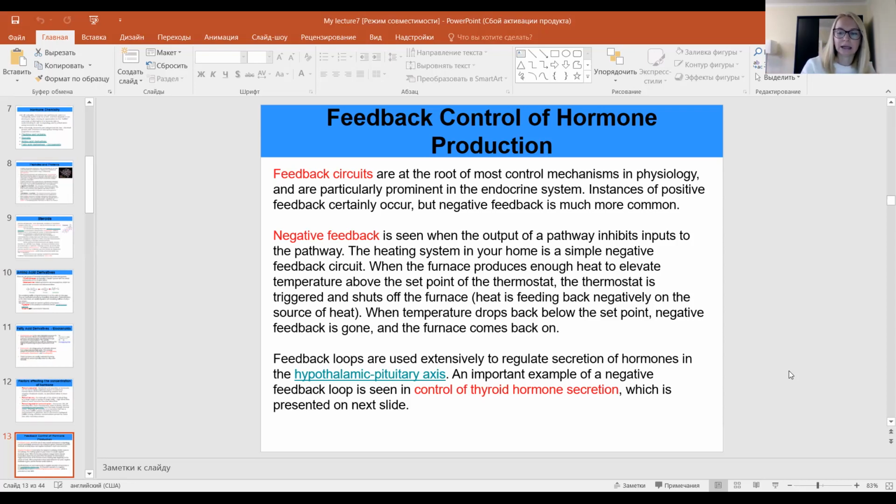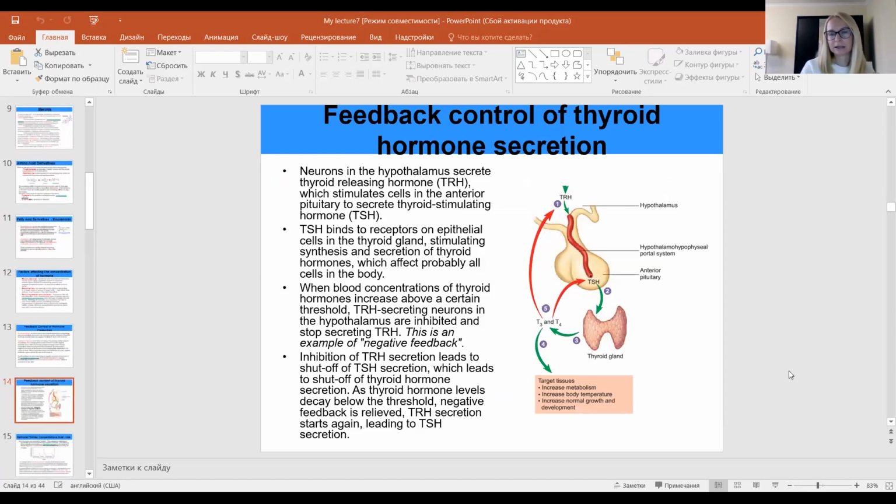To better understand negative feedback, let's explain it with thyroid hormone secretion. It's a classical example of a negative feedback loop. We have thyroid releasing hormone, which is synthesized in the hypothalamus. Then we have the pituitary gland, which releases thyroid stimulating hormone, and the thyroid gland, which releases thyroid hormones T3 and T4.